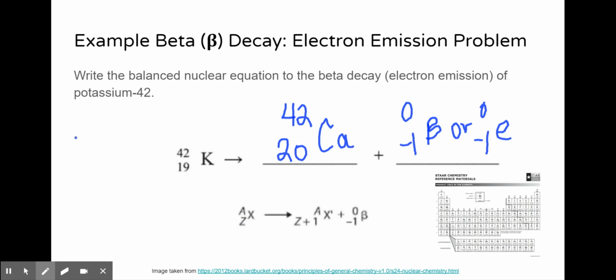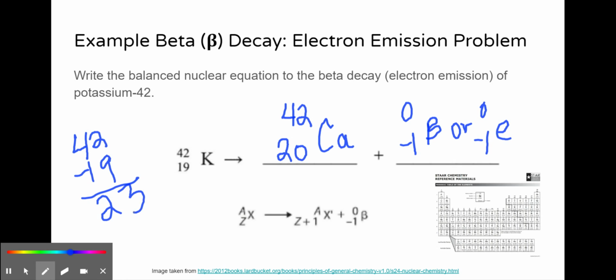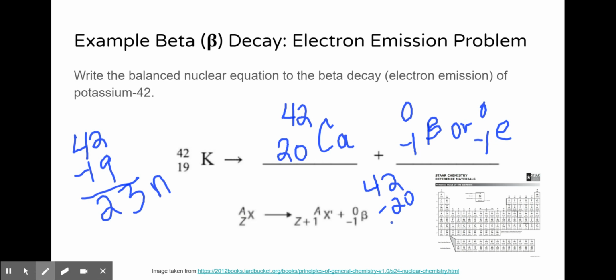So 42 minus 19 gives me 23 neutrons in potassium-42. Whereas with calcium, 42 minus 20 would give me 22 neutrons inside of calcium-42. So the number of neutrons did change because it broke down to that proton and that electron.